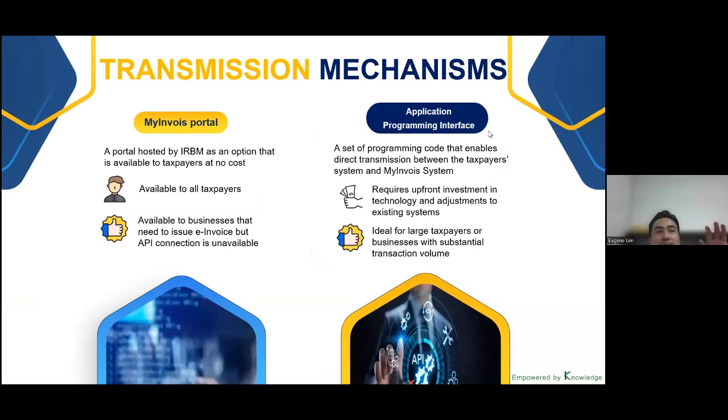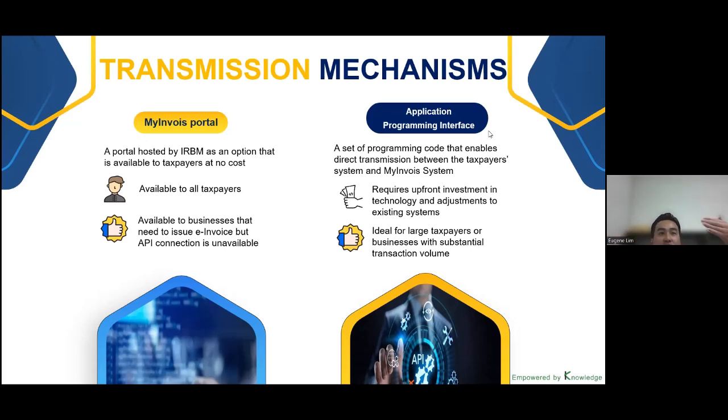It is for those who don't have many transactions and don't need to issue a lot of tax invoices. For those who have accounting software, we recommend using an API, an application programming interface, which integrates your accounting system's data to the IRB data.